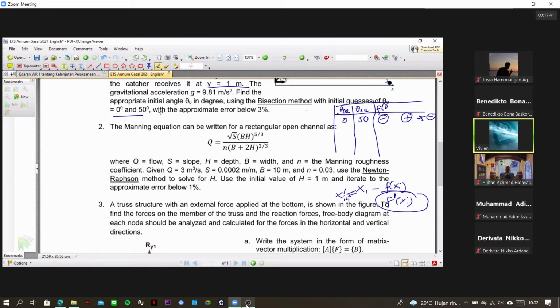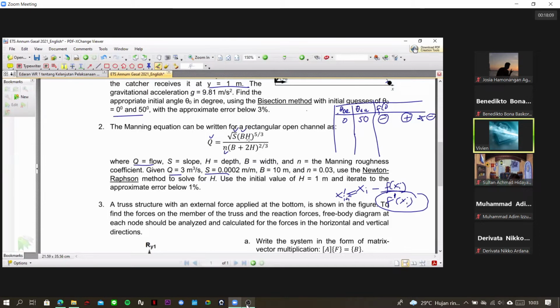identify the function. Again, because this is a problem of finding the root, we will see here that Q is the flow rate, S is the slope, H is the depth, P is the width, and N here is a constant value of the Manning roughness. We have the value for Q already, so this is a constant. We have S, we have P, and then we have N, which is 0.03.